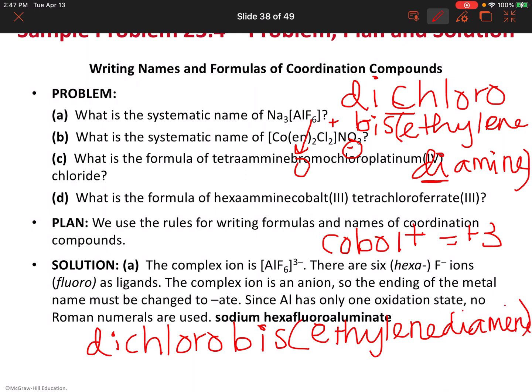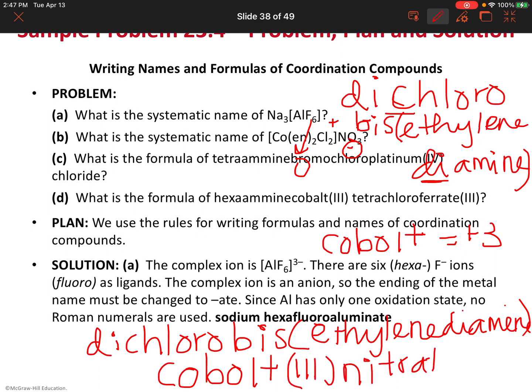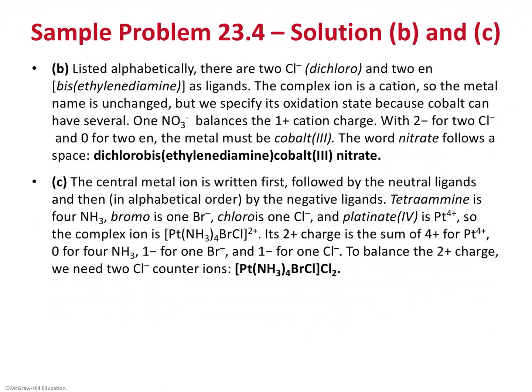Ethylene diamine, 2 of those. And cobalt, since it's a cation, you can say cobalt, and oxidation number 3, cobalt 3 nitrate. That's going to be the answer for that. Okay. You can see here dichloro bis ethylene diamine cobalt 3 nitrate.